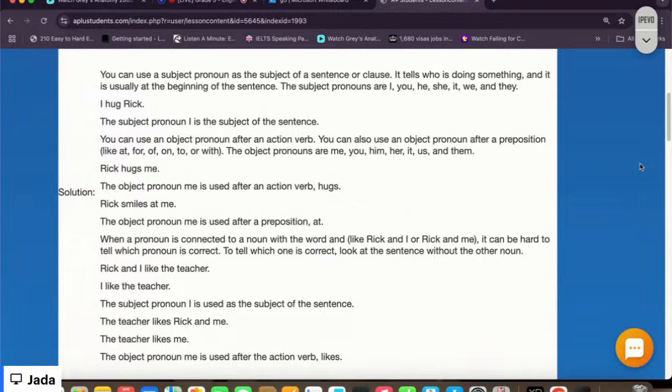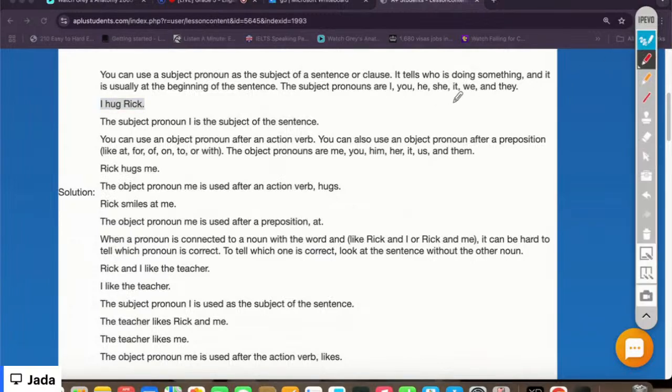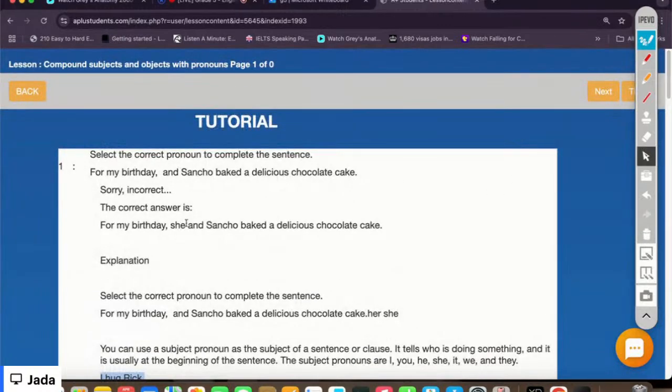And we also have subject pronouns, which could be I, you, she, it, we, or they. We also know that once the noun is connected with the pronoun, you have to remove the noun and try to have the sentence without the noun and see if it's going to be correct. So let's look at examples and then move on to the test.